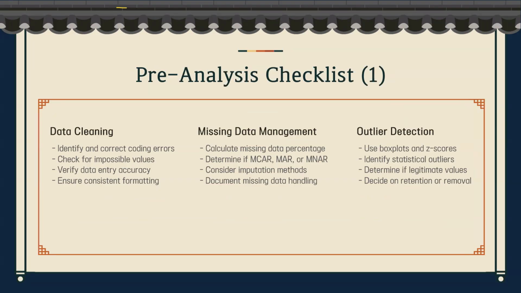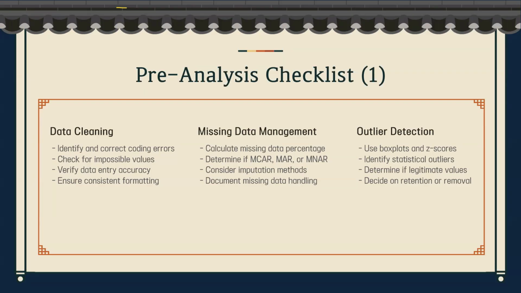Before analysis, complete the pre-analysis checklist. First, data cleaning. Check and correct coding errors and impossible values. Second, missing data management. Calculate the percentage of missing data and decide how to handle it.